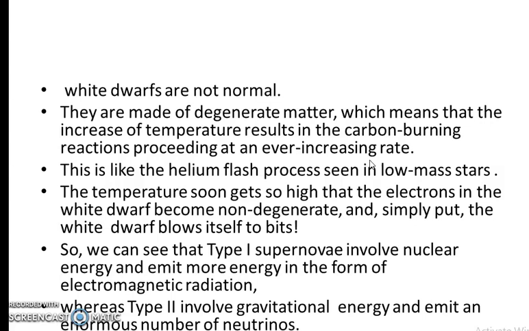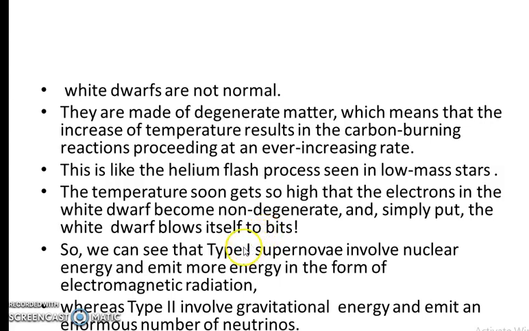So the temperature soon gets so high that the electrons in the white dwarf become non-degenerate. അപ്പോൾ അത് ഡീജനറേറ്റ് വൈറ്റ് ഡ്വാർഫ് ആയത് നോൺ ഡീജനറേറ്റ് ആയിട്ട് മാറുന്നു. അപ്പോൾ so that means the white dwarf blows into bits ആയിട്ട് അത് എക്സ്പ്ലോഡ് ചെയ്യും. So അപ്പോഴാണ് type 1A supernova ഉണ്ടാകുന്നത്.